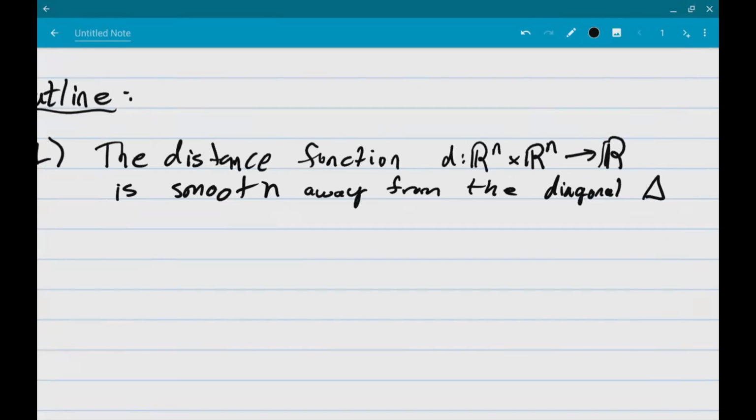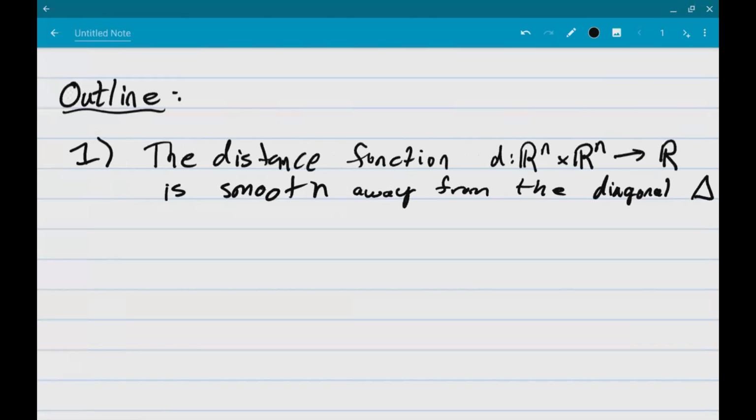Really, the distance function is a map from R^n cross R^n to the closed interval from 0 to infinity. Away from the diagonal means that I remove the diagonal, and then I just get an open interval from 0 to infinity. So that's going to be smooth because the codomain is an open subset. Anyway, that's the first thing.